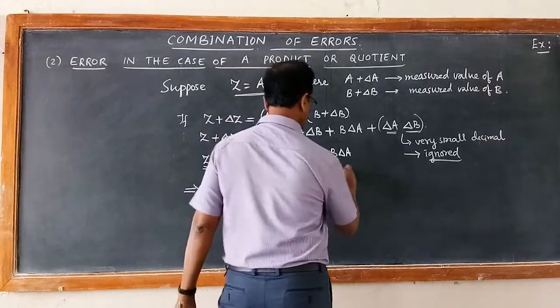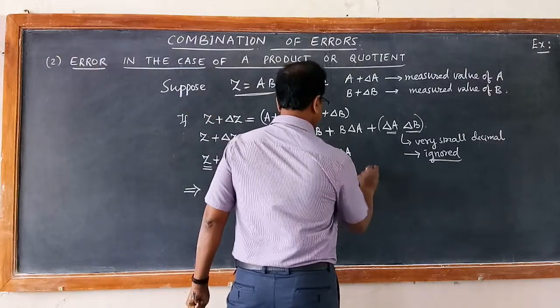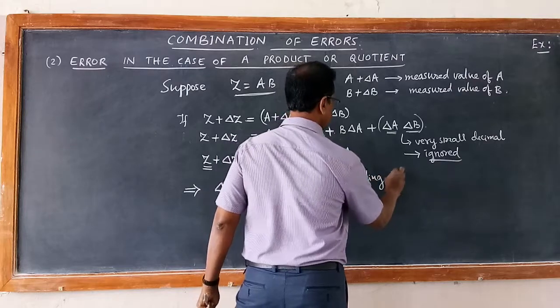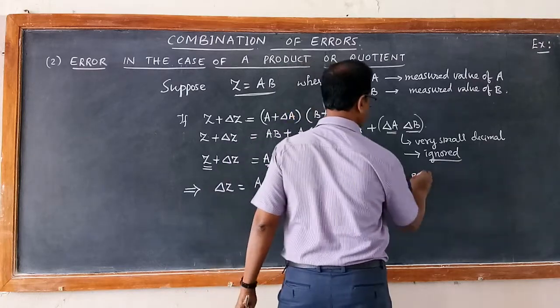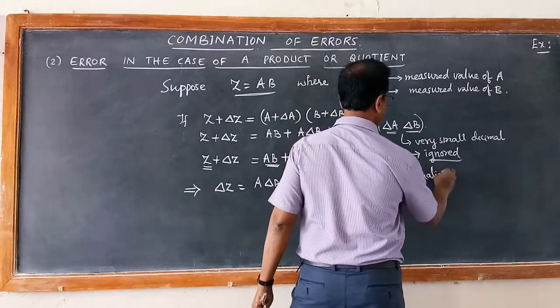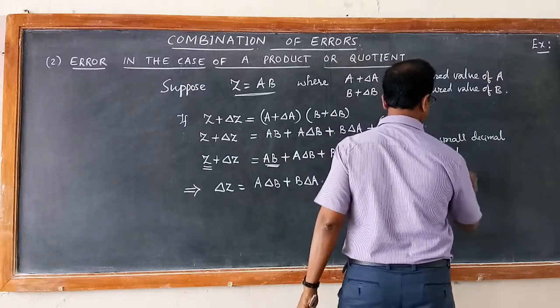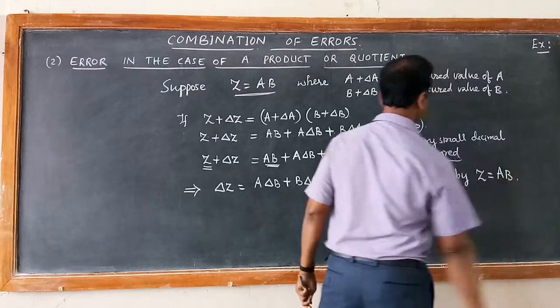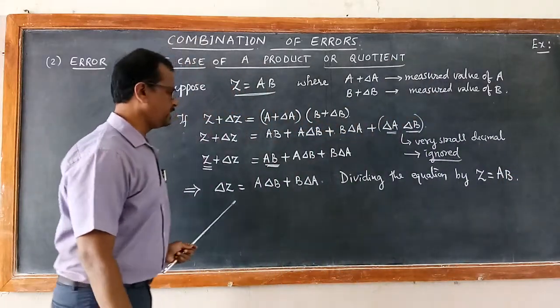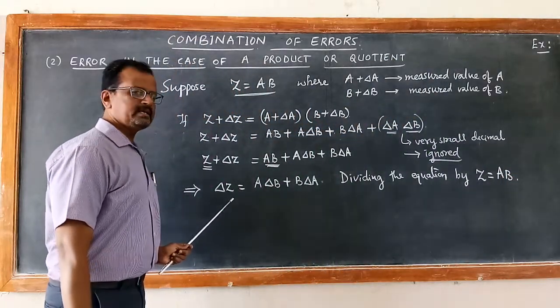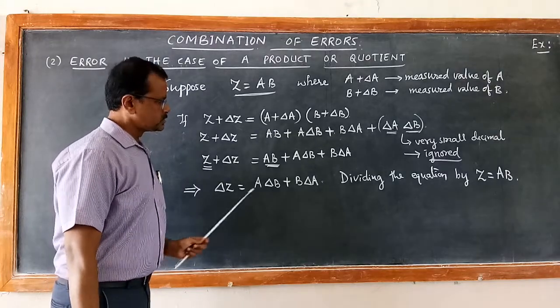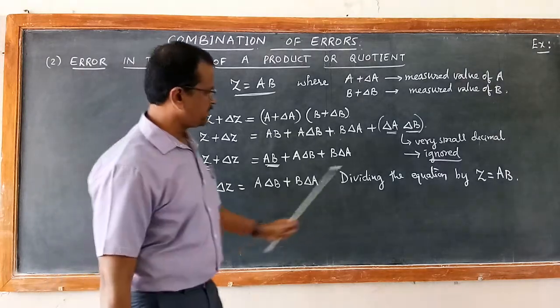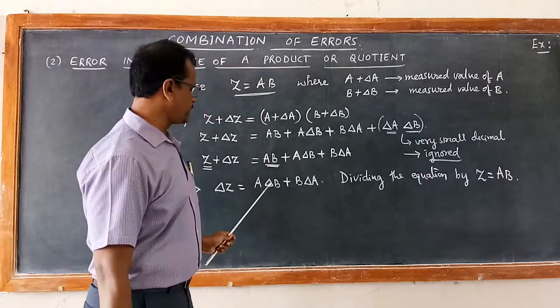Dividing the equation by Z equal to AB, so that we get on the left hand side delta Z by Z. Left hand side we divide by Z, right hand side we are dividing by AB.